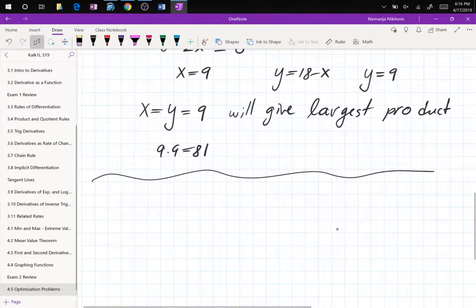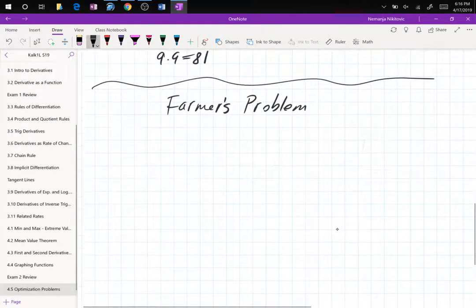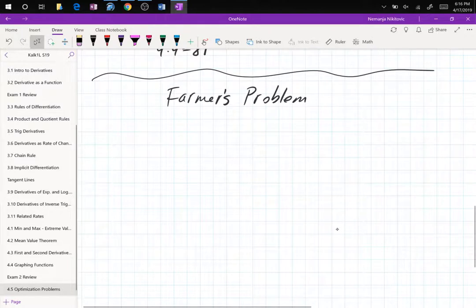So let's take a look at some of the problems that we usually see. The most frequent problem is what we call farmer's problem or farmer's dilemma. So on a farm, farmer wants to fence off an area for pasture or vegetable garden or orchard, doesn't matter, right?